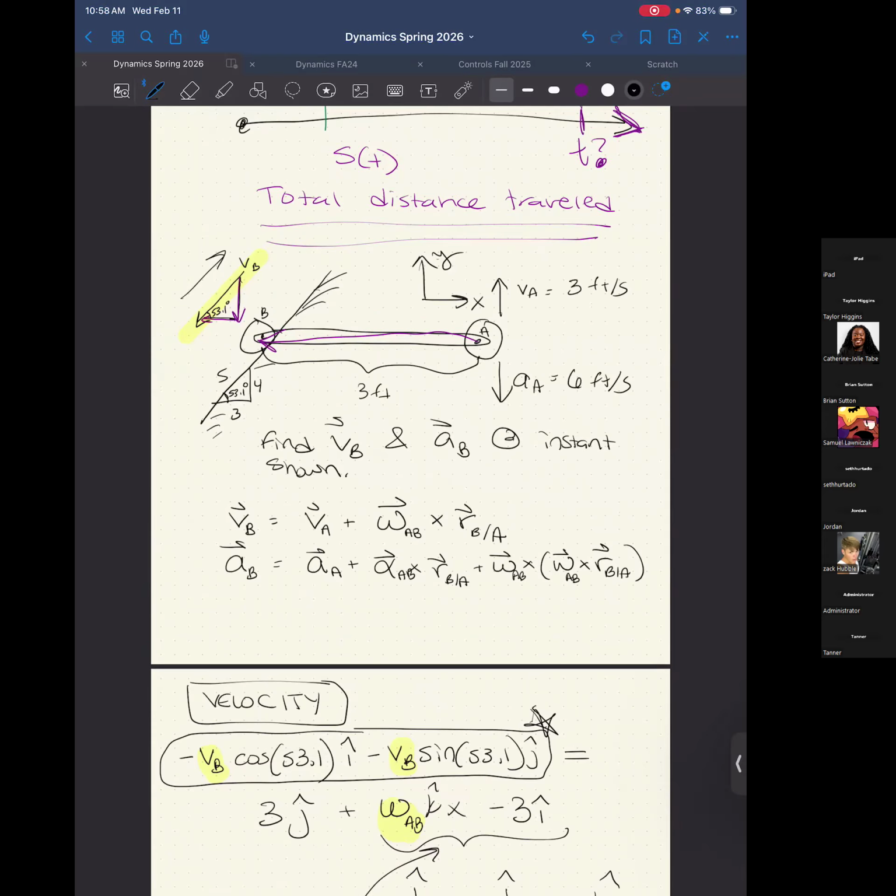It doesn't matter where you put your origin, and I want you to be careful with the way that you said that. So it's not a distance. A distance is necessarily a scalar value, and this is a vector.